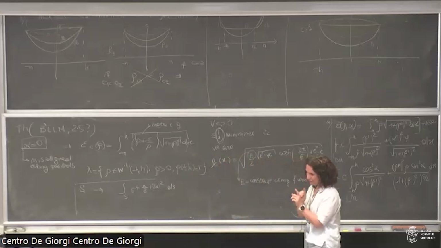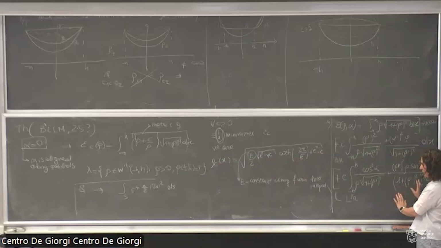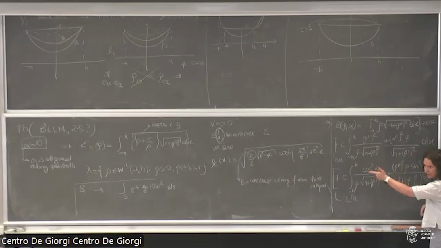Okay. First, I would like to say that we tried to consider the right surface operator also with alpha equal to pi over 2. What happens is that this term becomes quite hard because it is multiplied by rho, so you lose coercivity. Also there you lose coercivity, but you can recover it.